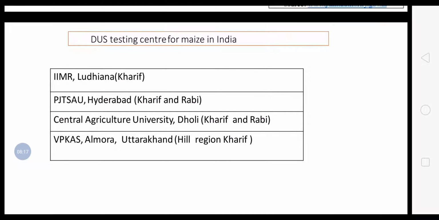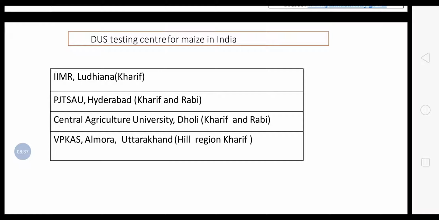Coming to the DUS testing centers for maize in India, there are 4 main centers for testing. One is the Indian Institute of Maize Research, Ludhiana, which tests the Kharif maize. Then PJTSAU in Hyderabad, which is for both Kharif and Rabi testing.